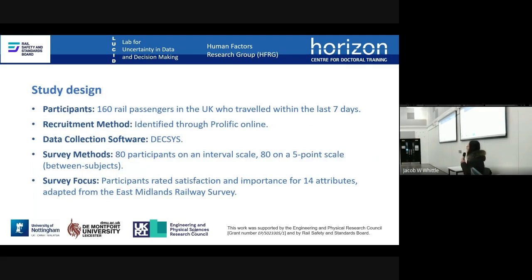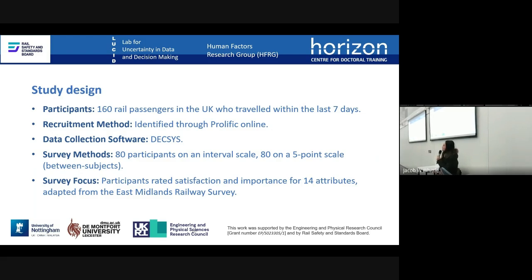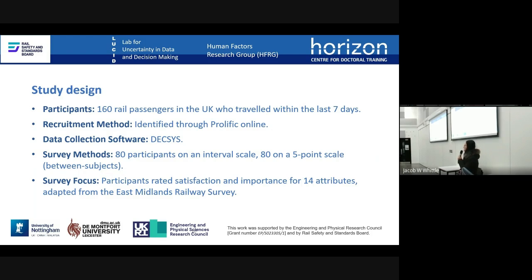We then worked on a study that had 160 participants who had traveled in the UK by train in the last 7 days. All those people were identified online, and the data was collected through Dexus, which is the software you just tried. We have 80 participants using the interval value scale, and 80 using the single point, traditional 5-point scale.